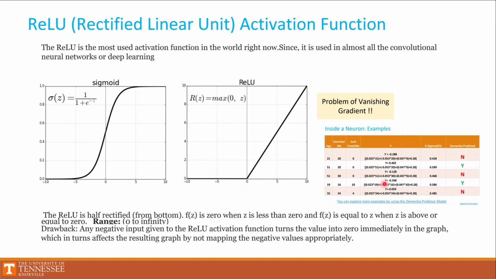Also for this one, y is equal to minus 0.348. If I don't use sigmoid, I'm making my value 0. So we don't see the difference, right? We don't know where to put this center threshold value, where we were making a decision that below 0.5 we will have dementia, the Alzheimer's disease that we were talking about. So this is a big problem.